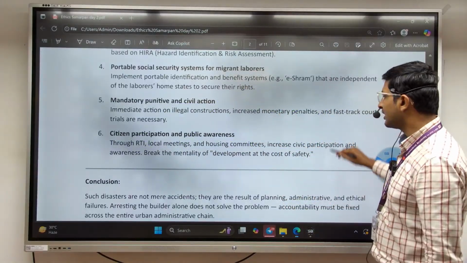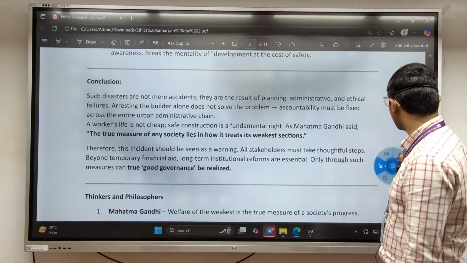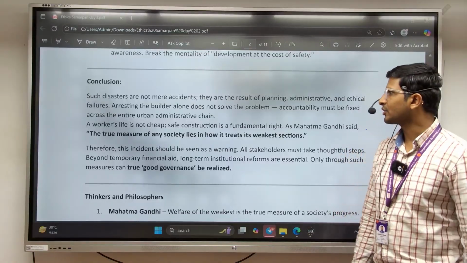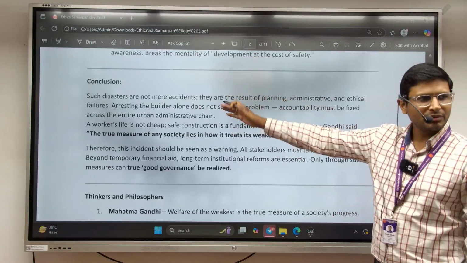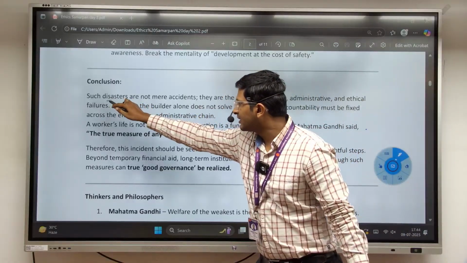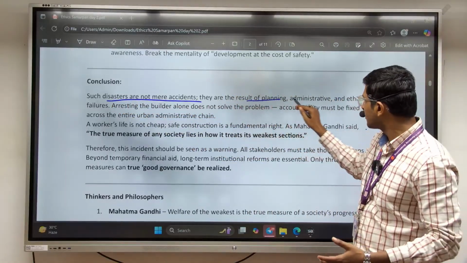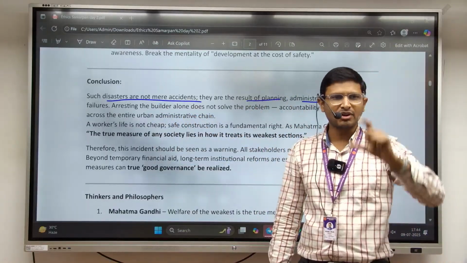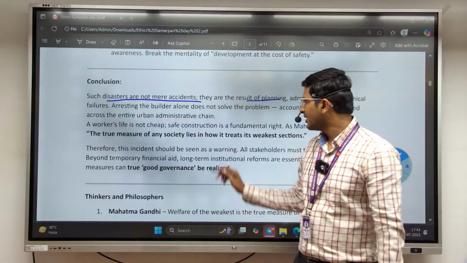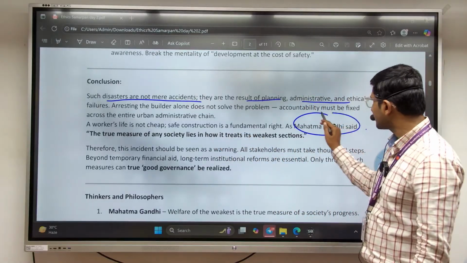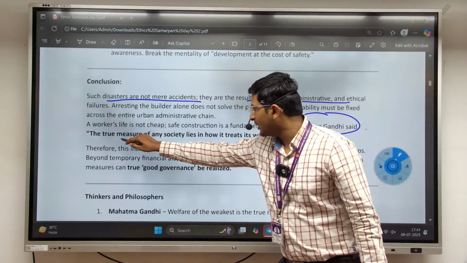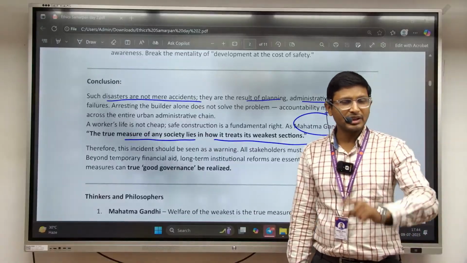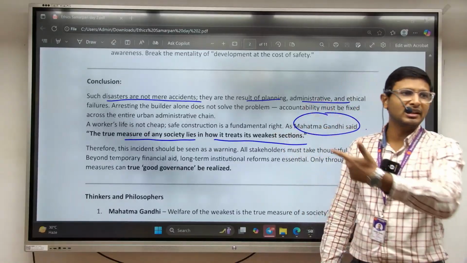Okay, then the conclusion, I told you, write the values, what is right, what is wrong, give any quote that you can write into the conclusion. Okay, so in the conclusion we have just written it like, disasters are not mere accidents, they are the result of planning, administrative and ethical failures. Conclusions are like that, you are just concluding what you have written in the main part. Here we have also given the Mahatma Gandhi quote, the true measure of any society lies in how it treats the weakest section, and we know here the weakest section was the most vulnerable, the laborers.